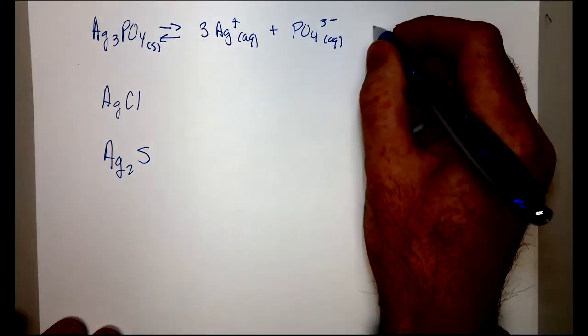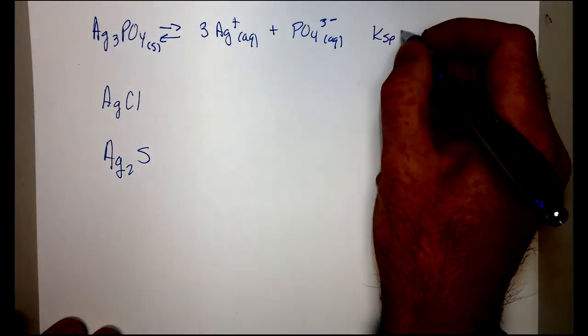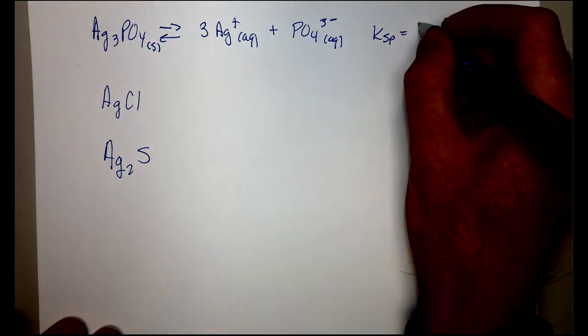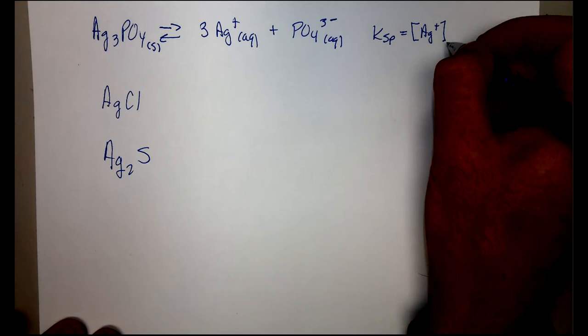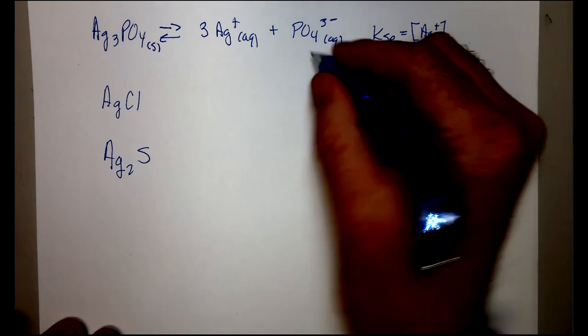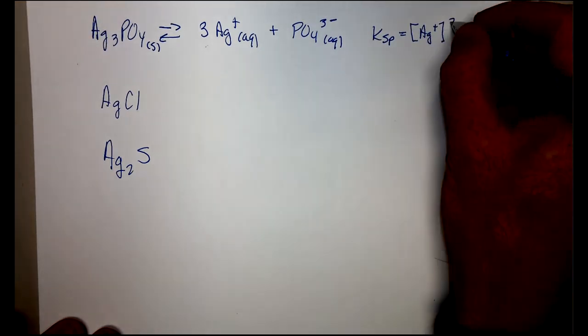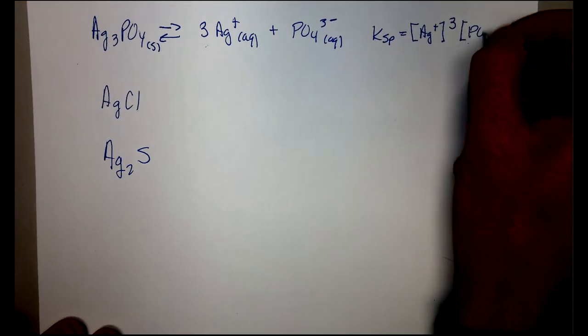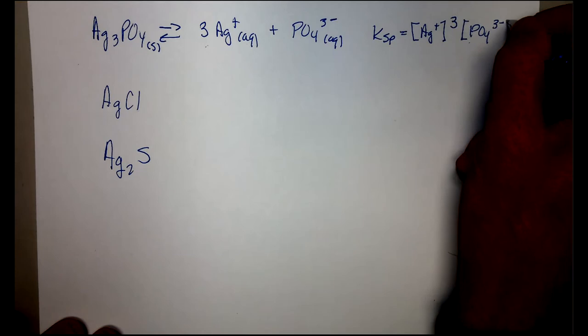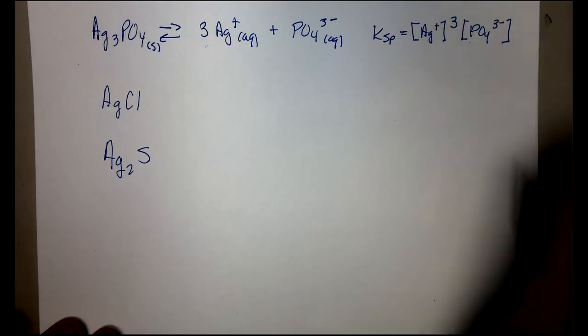So our Ksp expression is going to be concentration of the silver ion, but since this is still an equilibrium constant, that 3 here is going to be cubed in our expression, and then the phosphate ion. So that'd be our Ksp expression there.